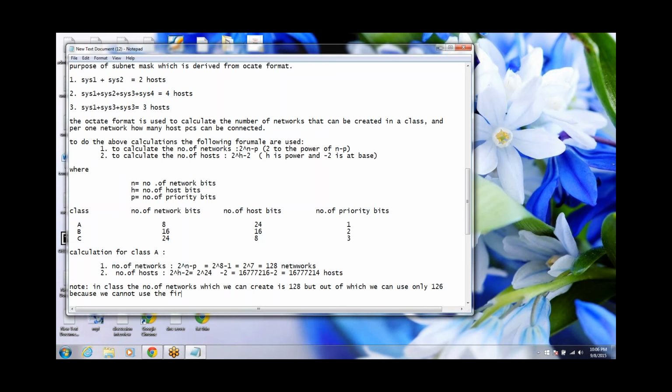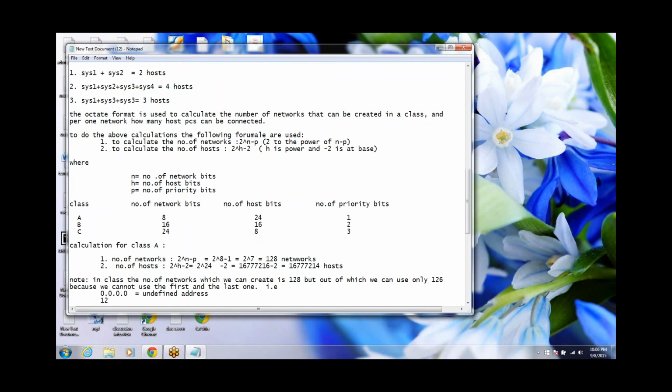The first is 0.0.0.0, which is called the undefined address.